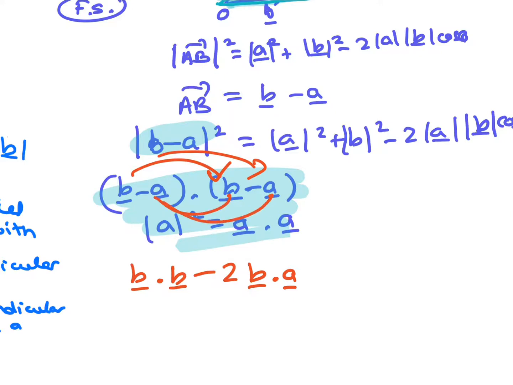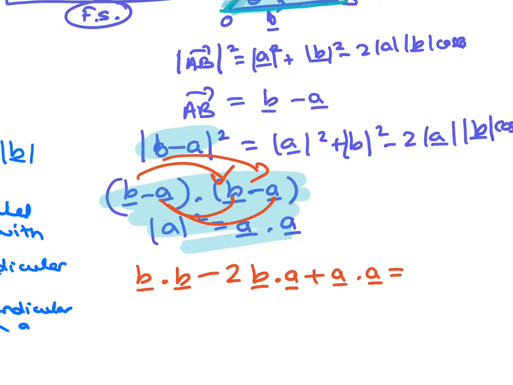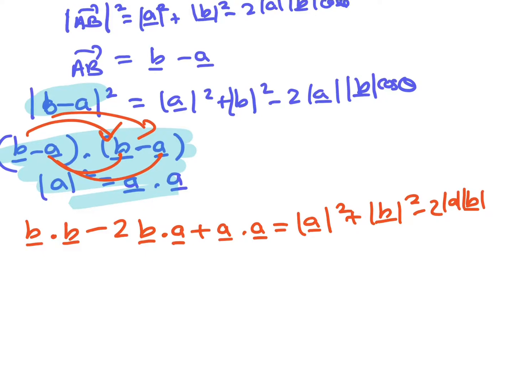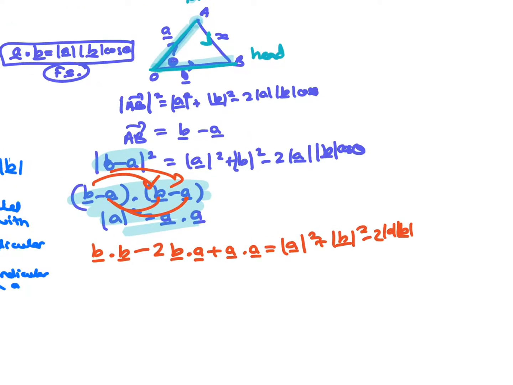And then plus A dot A. Now that equals the modulus of A squared plus the modulus of B squared minus 2 times mod A mod B cos theta. So 2 mod A mod B cos theta.